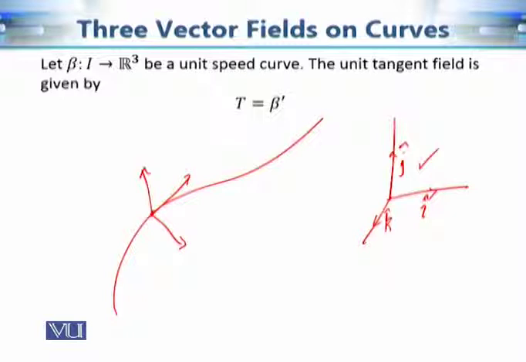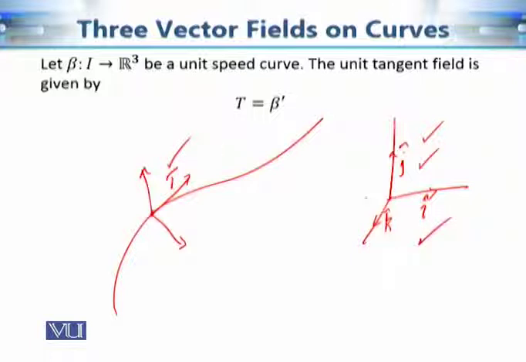Using these 3 vector fields is preferable to using the usual i, j, k, because the usual i, j, k do not contain any geometrical information, but these vector fields do. For example, using the rate of turning of T, we can calculate the curvature, but this is not possible for i, j, k, because they do not contain any such information, or if they do, it is very hard to extract it from this tool.